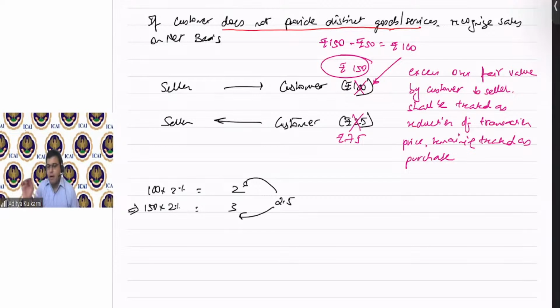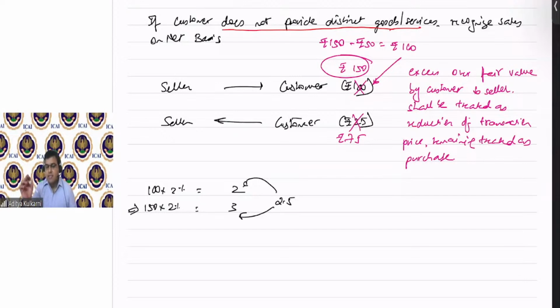If it is above the fair value, 75 instead of 25, that incremental portion of 50, the standard deems that you have manipulated the customer to increase your sales. So anything more than the fair value, you will reduce from the transaction price. That means 150 transaction price minus 50, so that gives you 100.